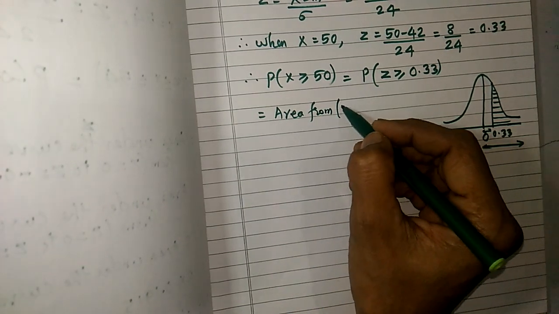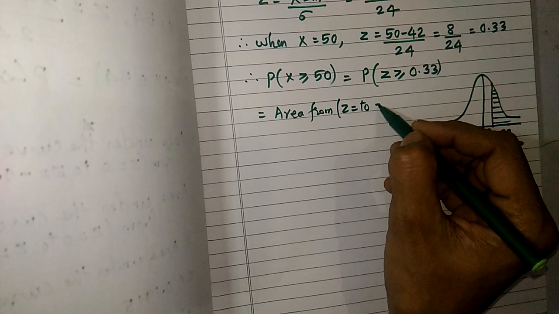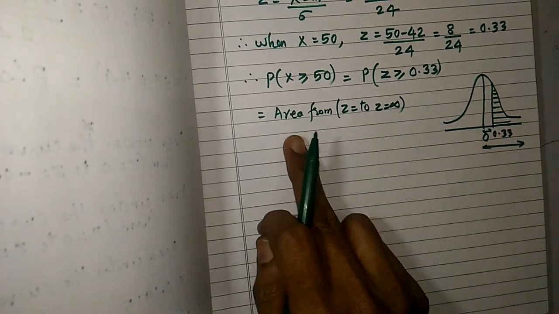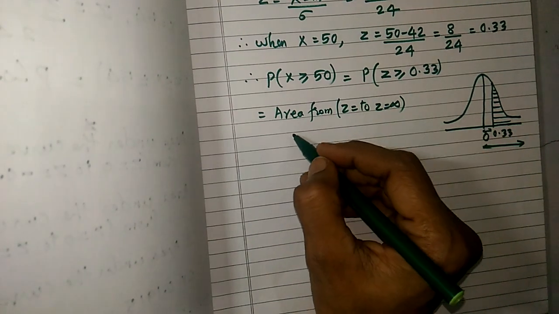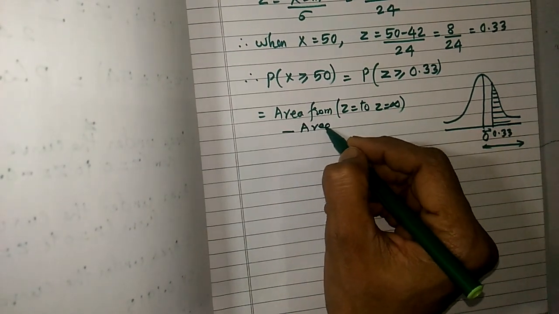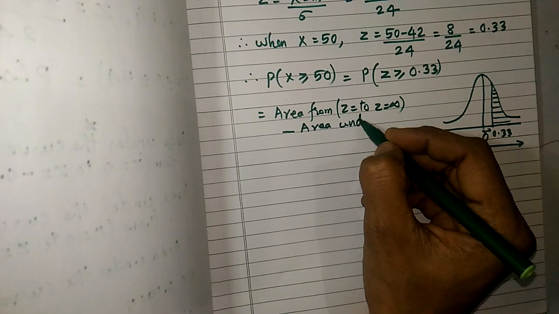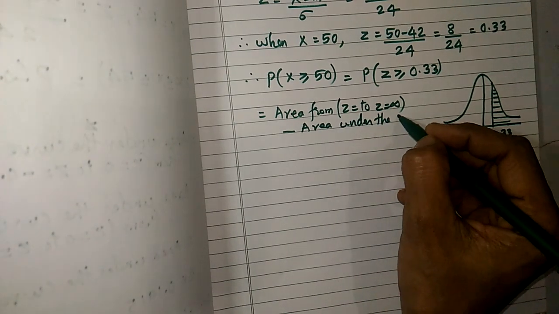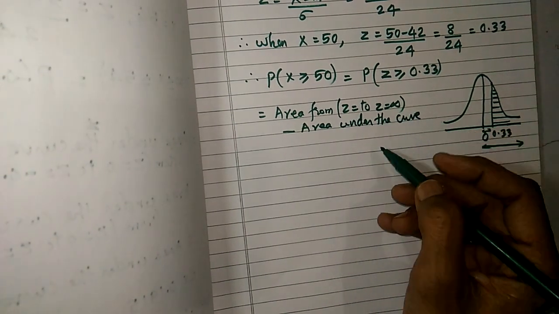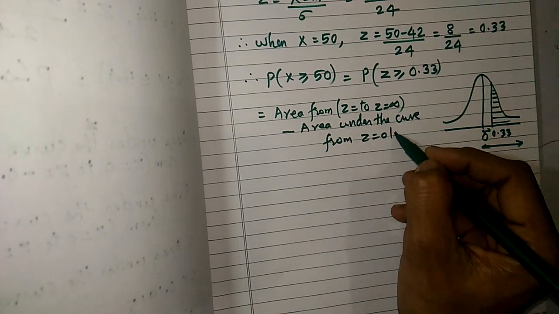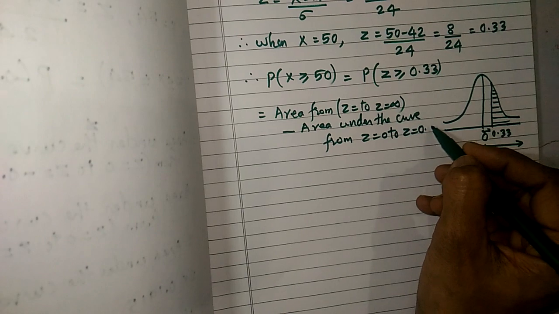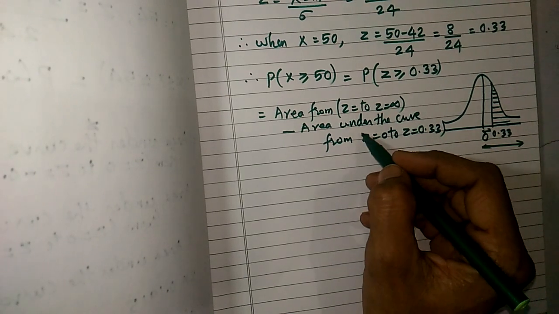In fact, you can write it directly as 0.5 minus the area under the curve from z equal to 0 to z equal to 0.33.